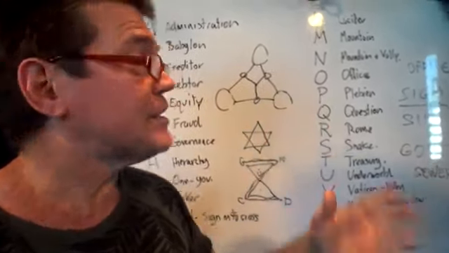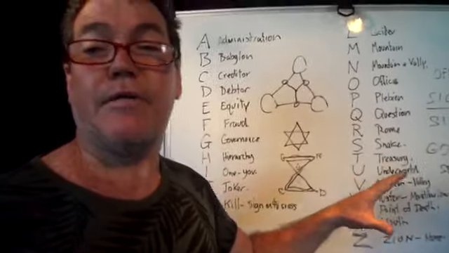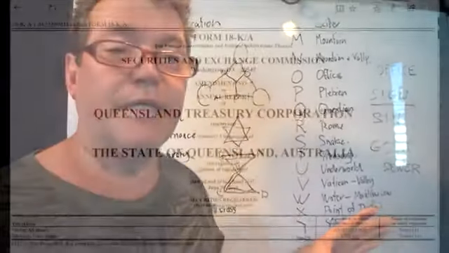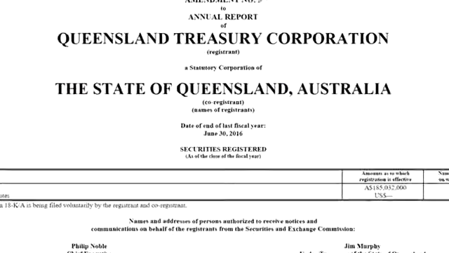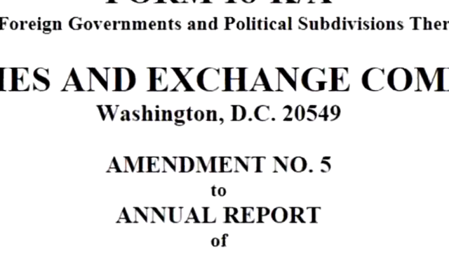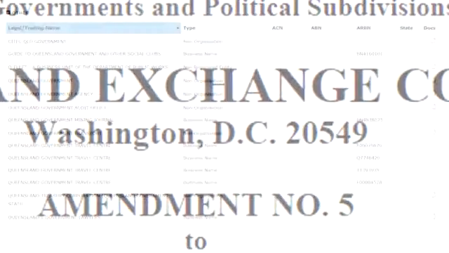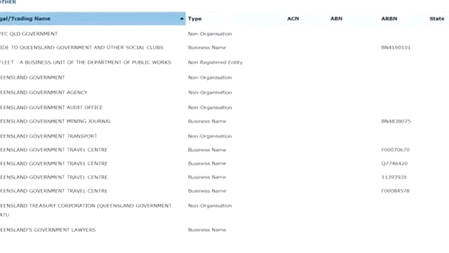The thing is that the state that's running Australia and Queensland is not the state of Australia. It is a foreign banking state, as many of you are starting to work this out. And it's not our property.